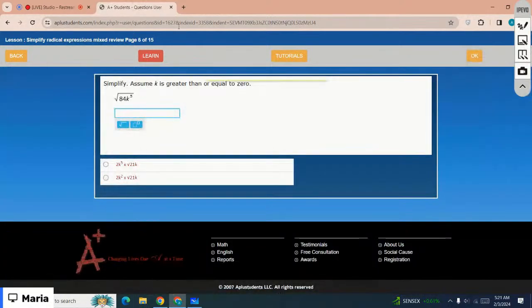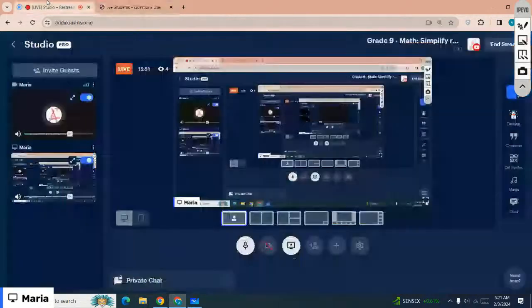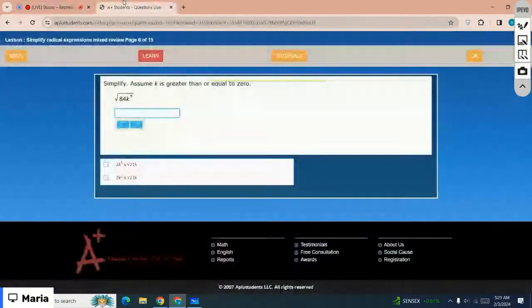Okay, the next one is square root of 84k^5. So which is the correct option?